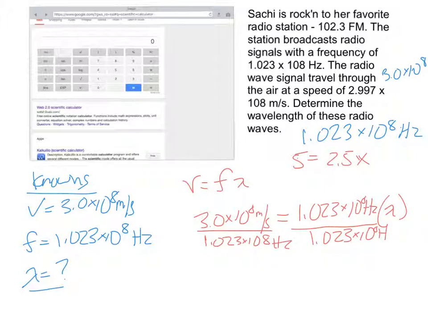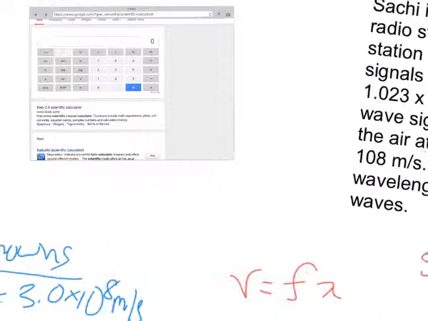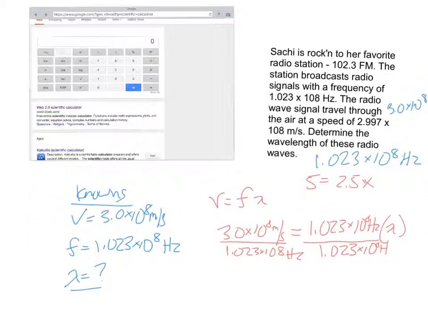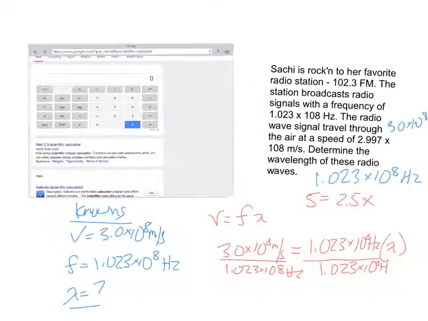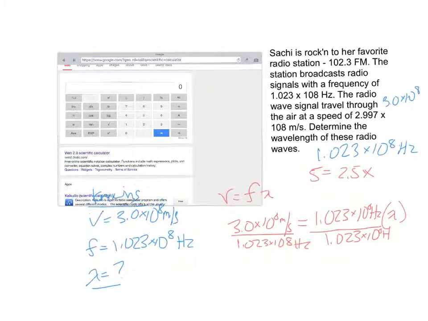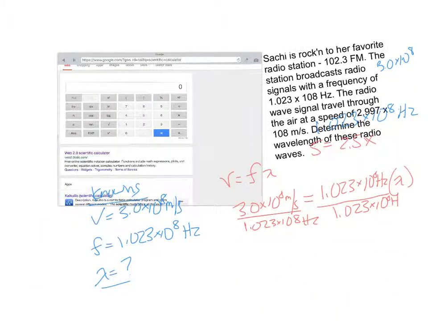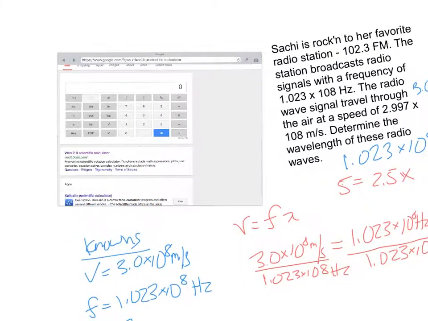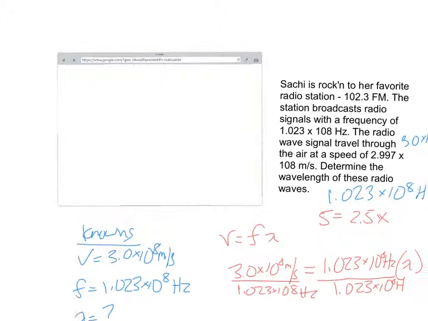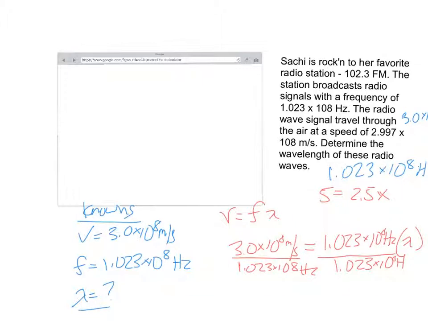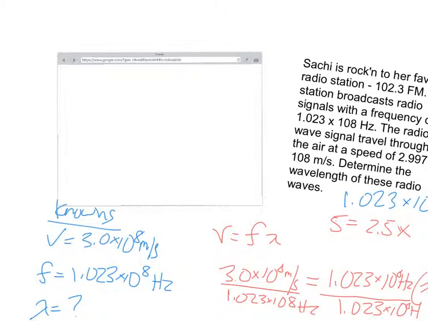All right, now to do this on a calculator, everybody's calculator is a little bit different. Let me shrink this up a little bit. So in my browser, you can see that there is a calculator that I'm trying to get to. It's not working very well, but on the calculator, let me move that out of the way.